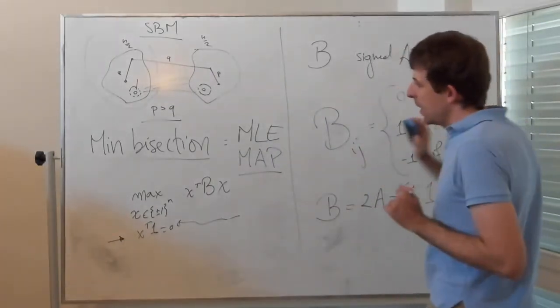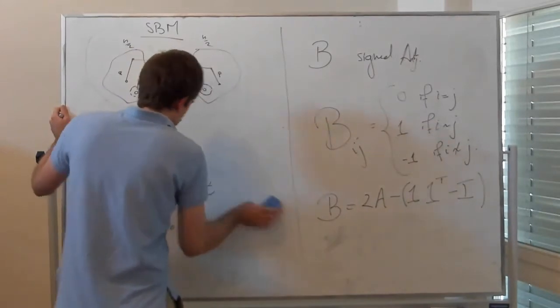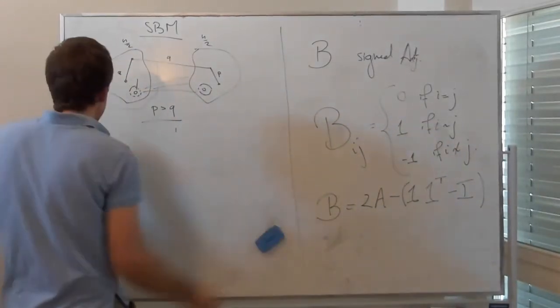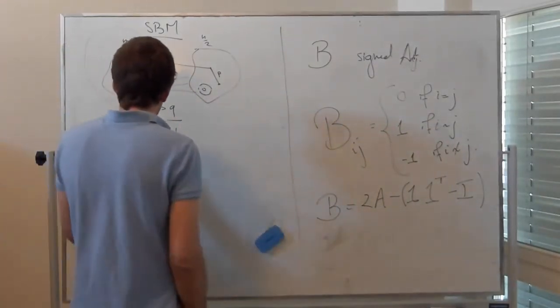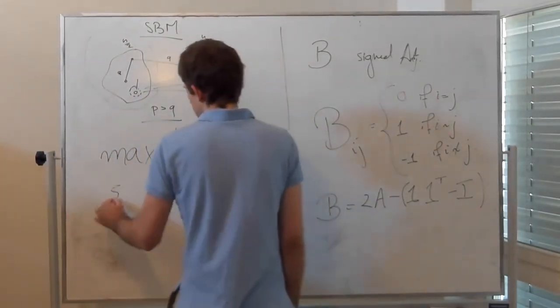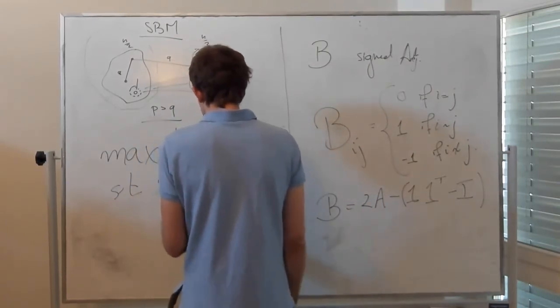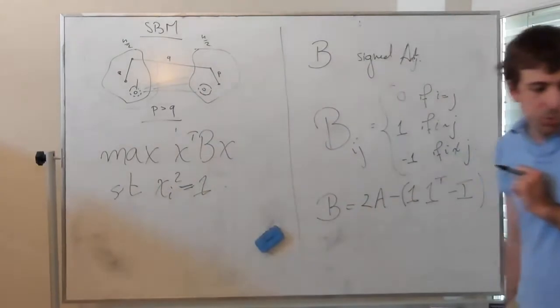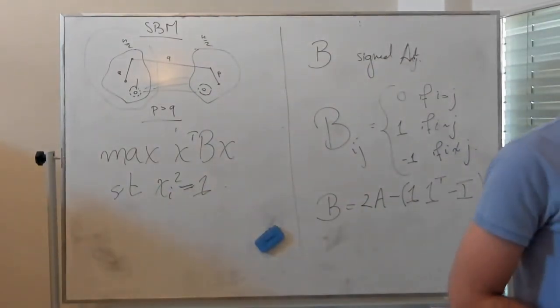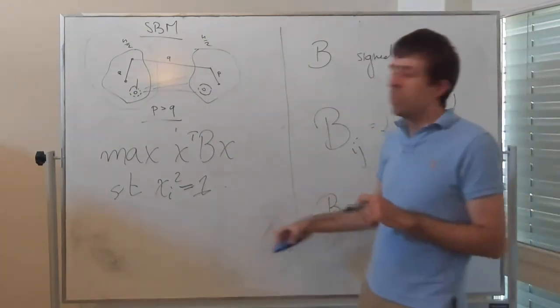Okay, so the problem we're going to look at is this. This will also correspond to minimum bisection: we'll simply maximize x transpose Bx subject to xi squared equals 1. This will be our problem. And now, just like in the next step, we're going to look at a semidefinite relaxation for this.